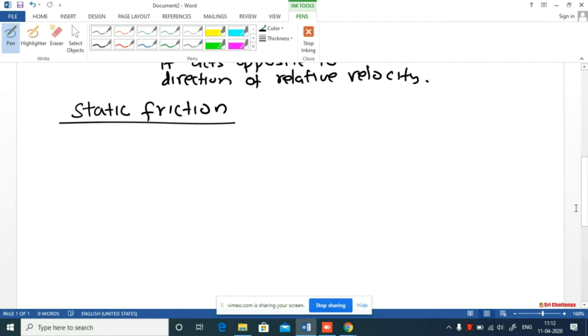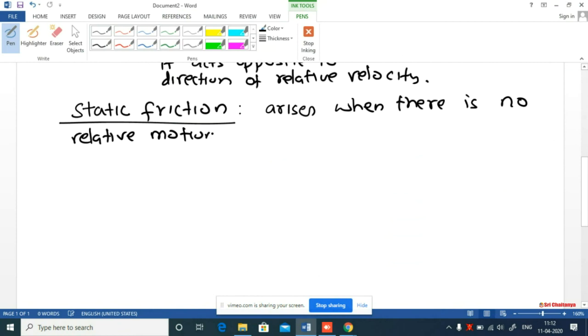For static friction, the first thing we will write is that it arises when there is no relative motion along the common tangent. So I hope it is clear, right? Relative motion or relative velocity has a very definite role to play.